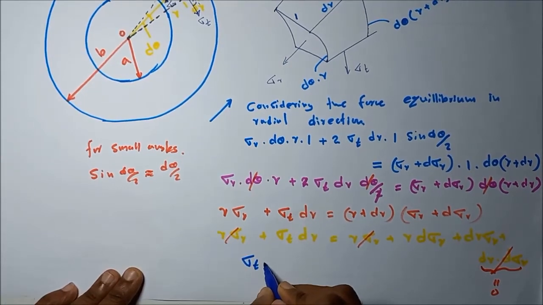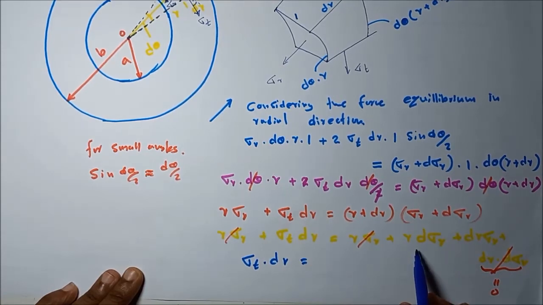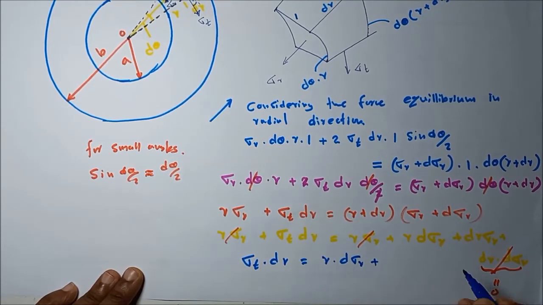Finally we are remaining with sigma t into dr is equal to r d sigma r plus dr into sigma r.